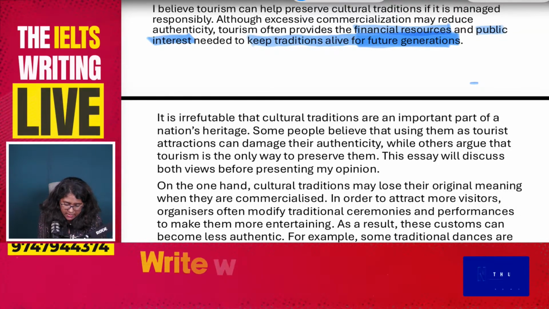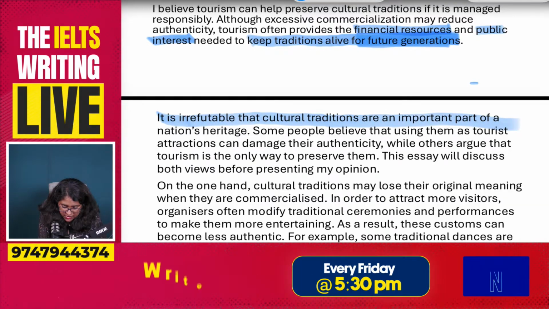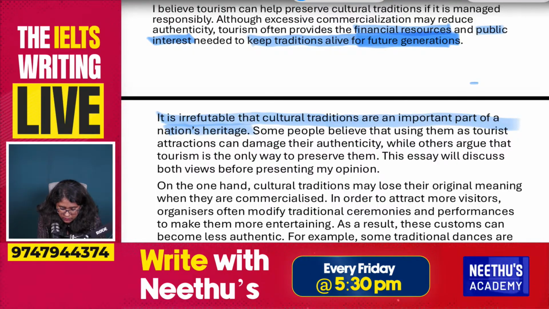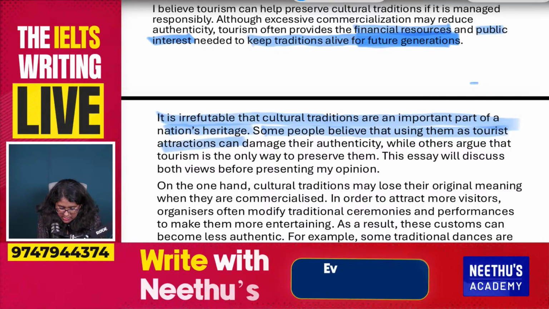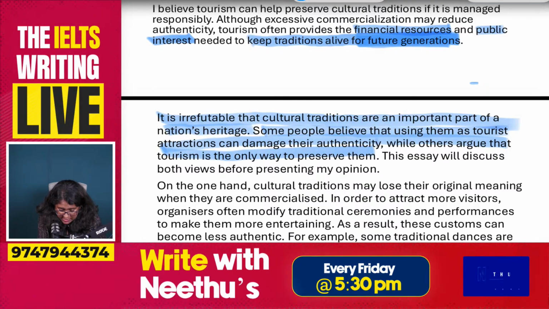So read along with me. It is irrefutable that cultural traditions are an important part of a nation's heritage. Some people believe that using them as tourist attractions can damage their authenticity, while others argue that tourism is the only way to preserve them.